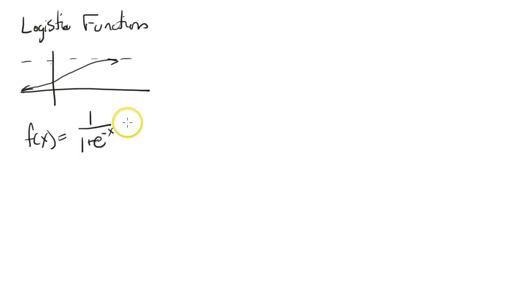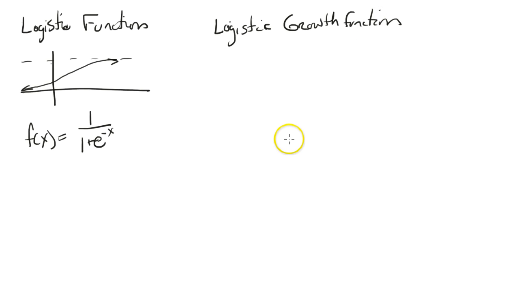And we said this happened a lot in nature, especially if you get this e floating around, think life sciences. So we can modify this, and I think we did actually. This is the logistic growth function: c over 1 plus a e to the negative kx.